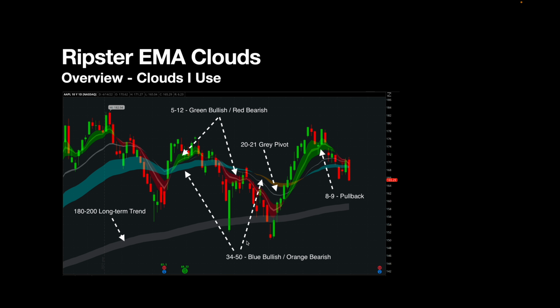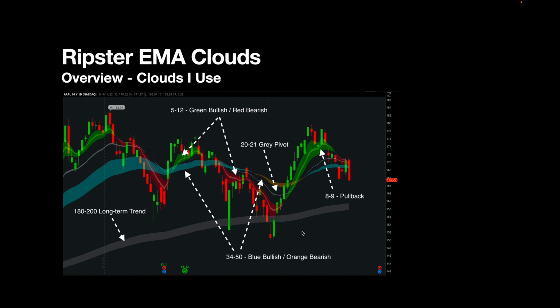And then finally, we've got this 3450 and this 180-200. The 3450, when the 34 is above the 50, it's blue in this version of the indicator, and orange when the 50 is above the 34, indicating a bullish and bearish EMA trend. And then I've got this 180-200 long-term trend. I just keep that the same color.